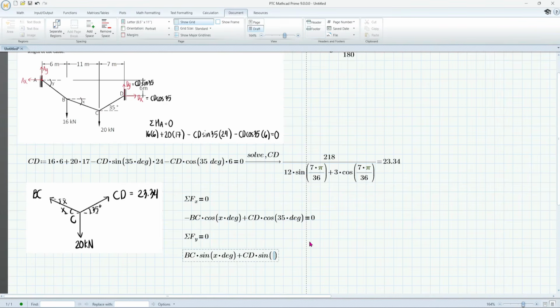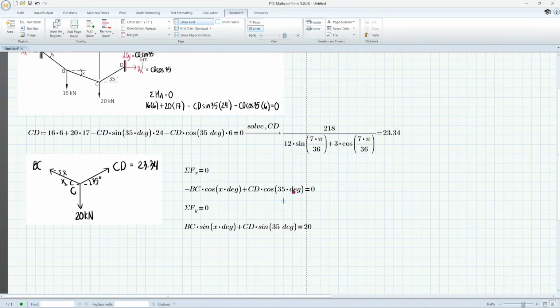So, CD sine 35 degrees. Ayan. Then, we have 20 kilonewtons acting downward. Equate na lang natin yung upward saka downward na force. So, equals 20. Ayan. Ito yung dalawang equations natin. Notice na we can isolate BC cosine X and BC sine X. So, for the first equation, we can rearrange it as ganito.